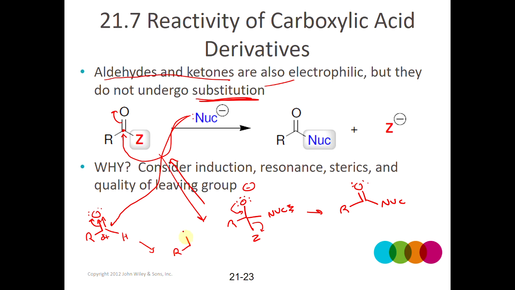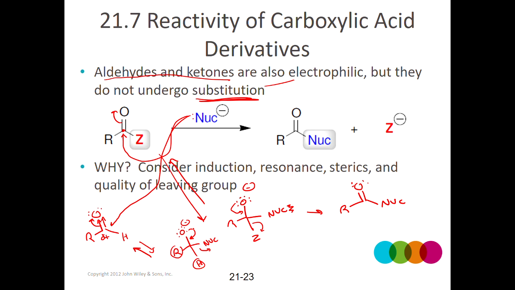When we talked about aldehydes and ketones, we said once this occurs, there are two things that could happen. One, if the nucleophile is also a good leaving group, they could swing back in and push that back out and go back. The other option is for this to just wait, because the R group and the hydrogen are not stable with negative charges on them.